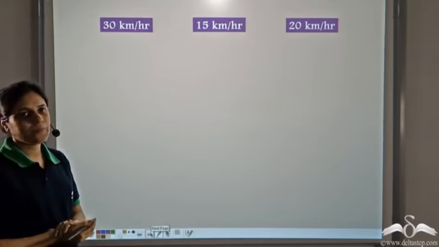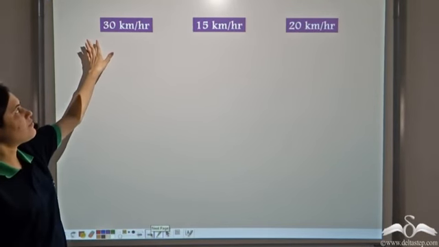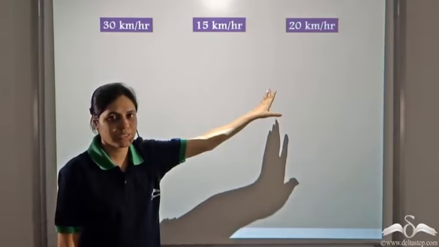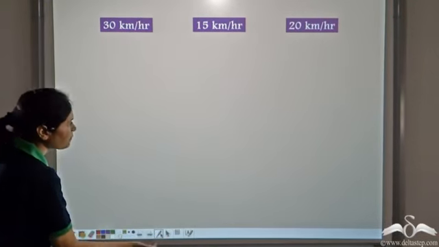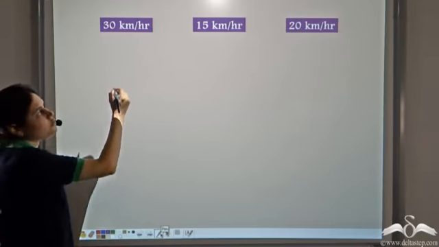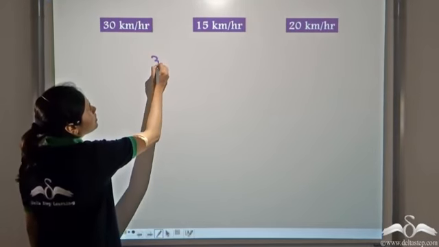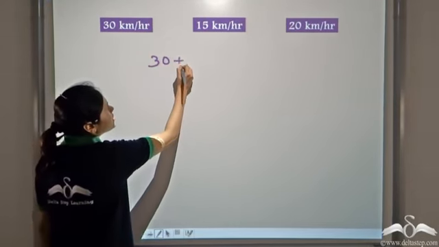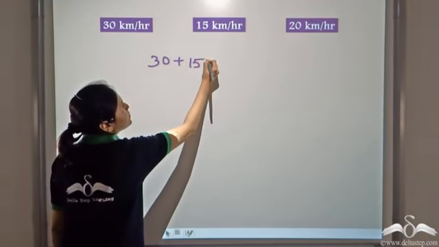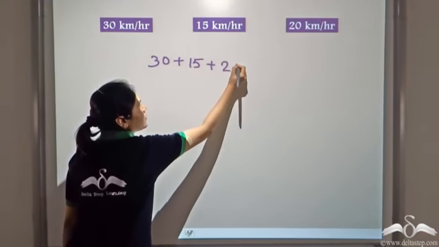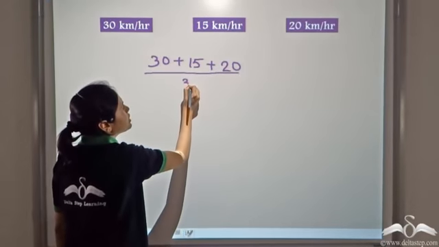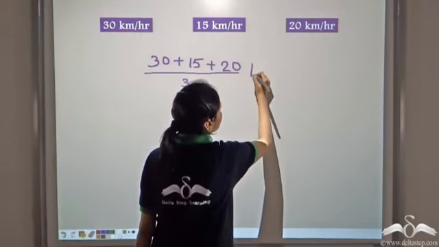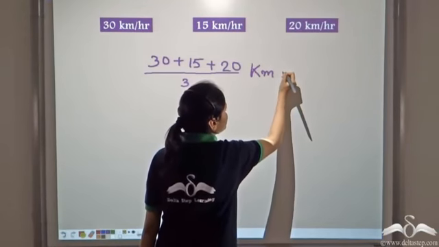Now, can we get this average speed by taking the average of the 3 speeds which we had calculated earlier? So what do we get if we take the average of these 3 speeds? Do we get the average speed? Let's see. For taking an average, we sum up the quantities and divide by the number of quantities, which is 3 here. The unit should always be mentioned.